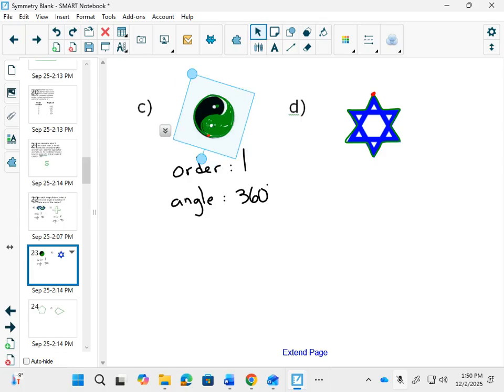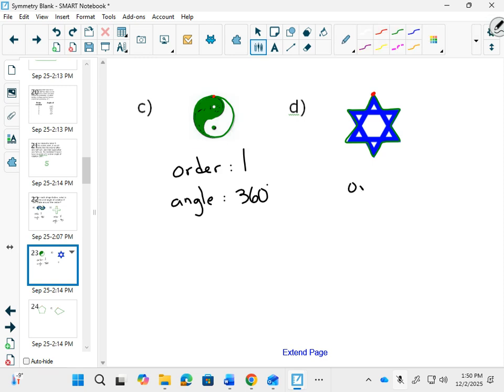So this is part of what makes this shape fun to look at, because it feels like it has the rotational symmetry, and if you just did the outline, it would, but the colors change, so it's a little bit different that way. And this one we did already. Its order was 6, and rotation was 60 degrees, so I don't have to flip that one around again.